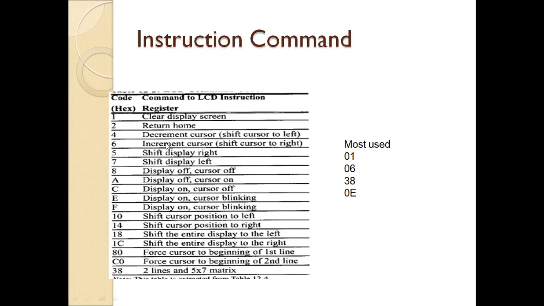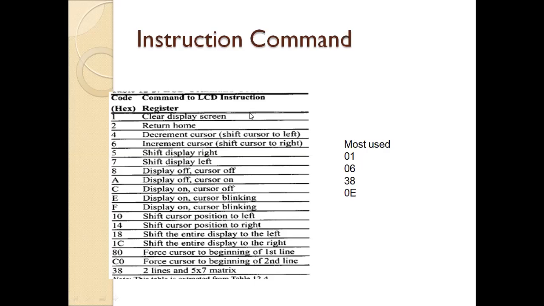If it is 6, then increment the cursor, shifting it to the right. If it is 5, shift display right. If it is 7, shift display left. You have seen that there are different command words present; from these the LCD knows what it is going to do. In our program, these are the most used command words.